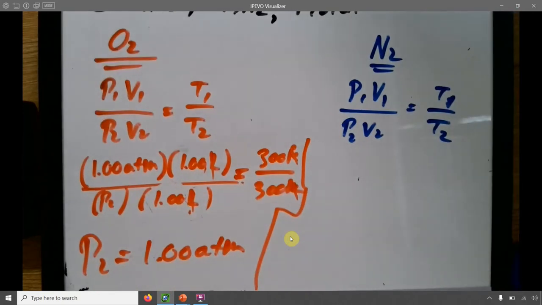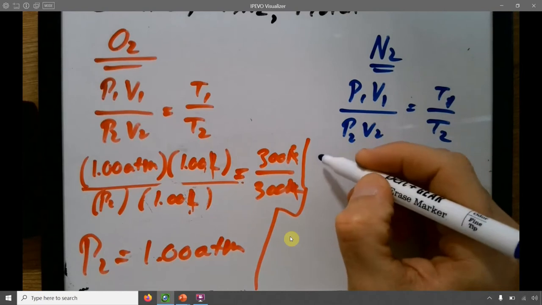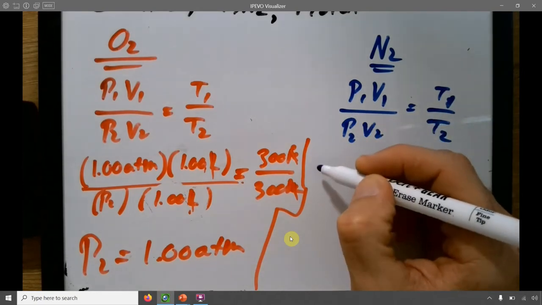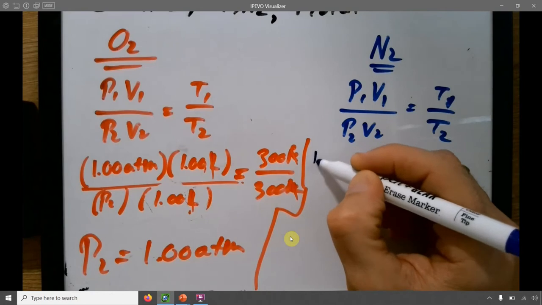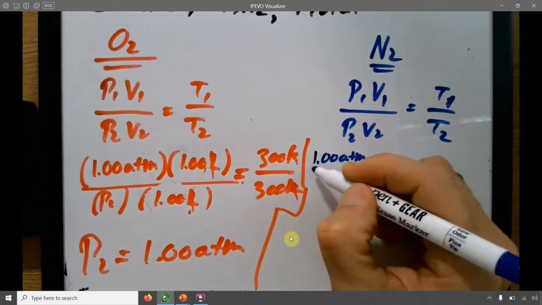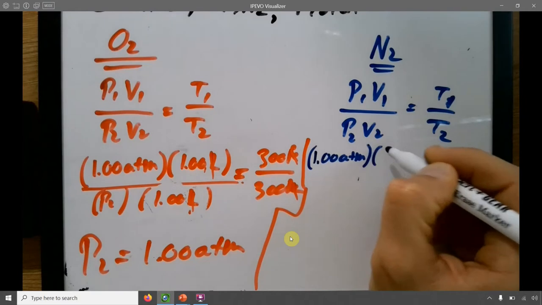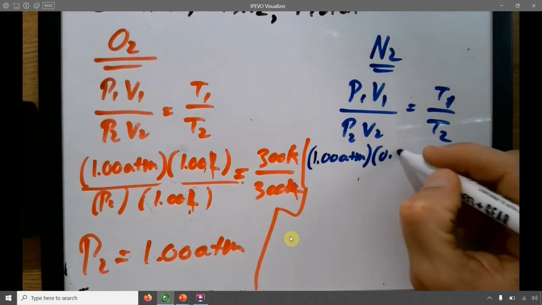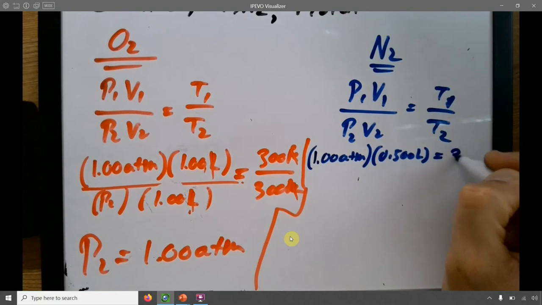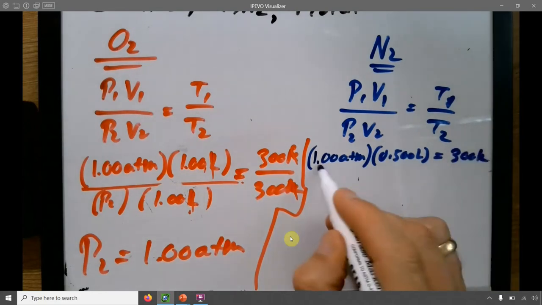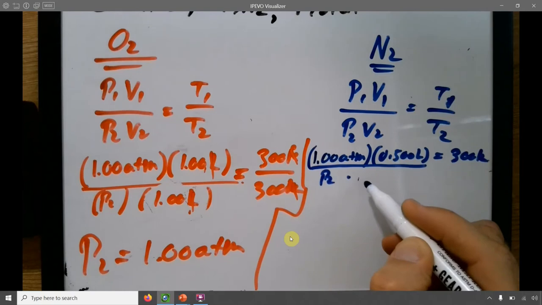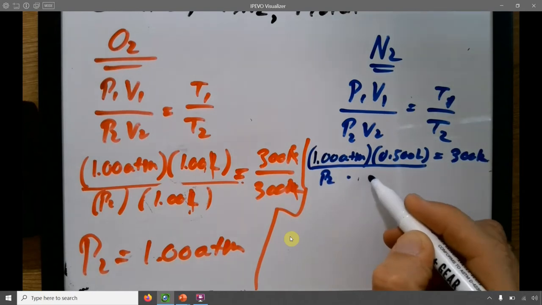Great. Looking at nitrogen, the initial pressure is also given to you as 1 atm. My initial volume was 1/2 liter. My initial temperature was 300 K. My final pressure, well, that's what I'm looking for. My final volume is 1 liter, right?